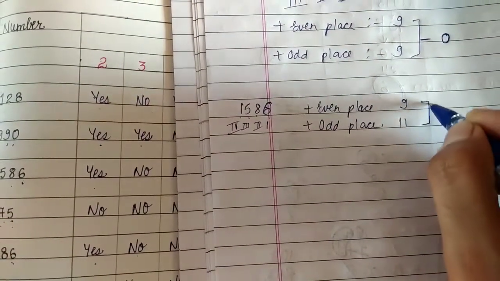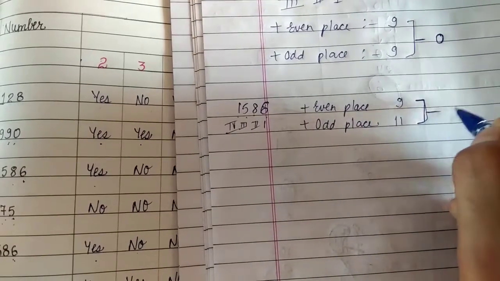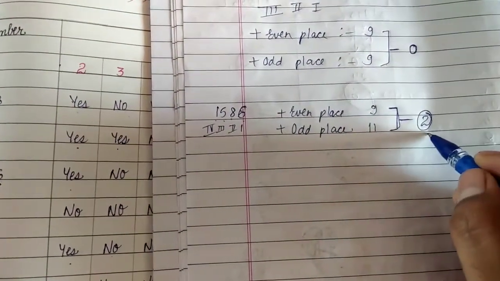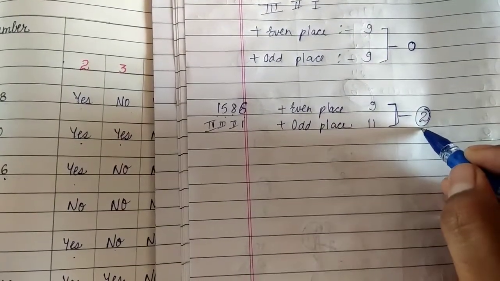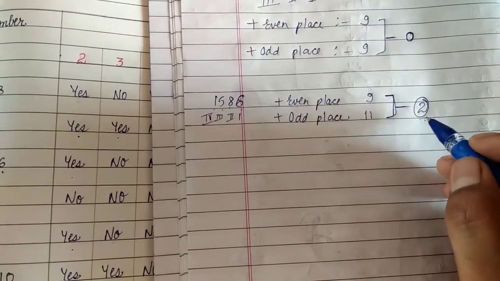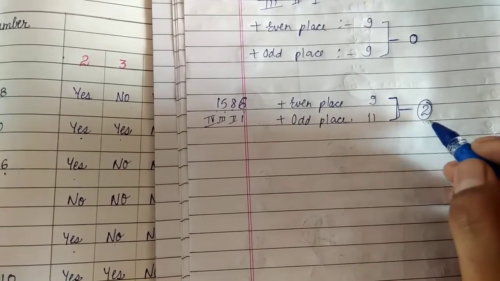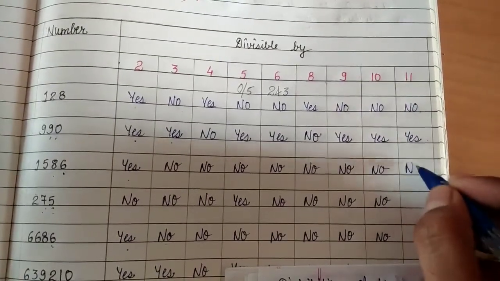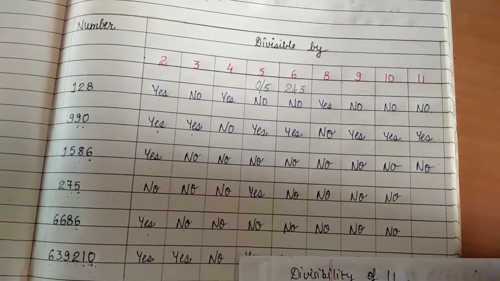So we need to find their difference, and their difference is 2. So is 2 divisible by 11, or is it 0? No, it is neither 0 nor a multiple of 11. That means this number 1586 is not divisible by 11.